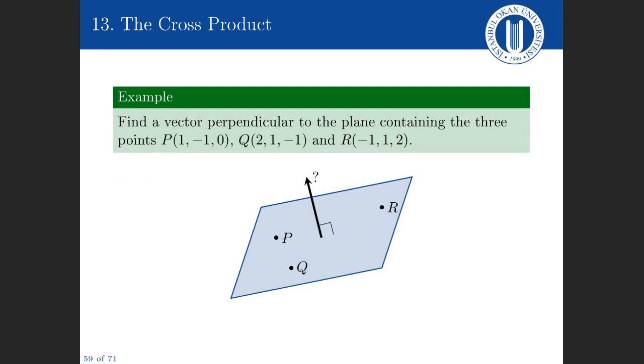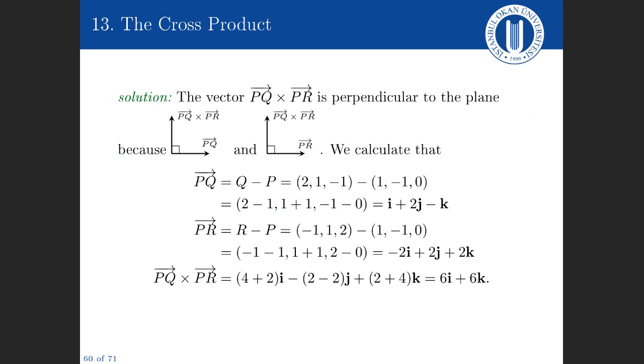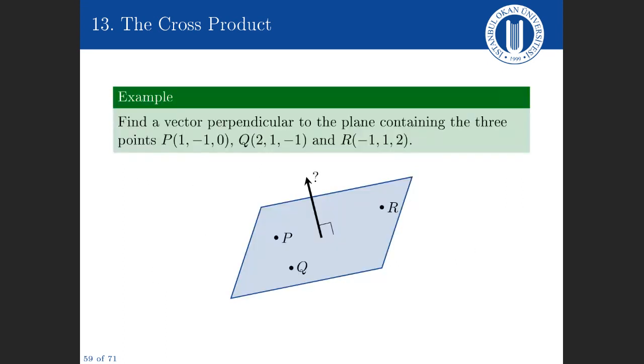For example, find a vector perpendicular to the plane which contains the points P, Q, and R. What we're going to do is calculate PQ, this vector, and we're going to calculate PR. Both of these vectors are inside the plane.